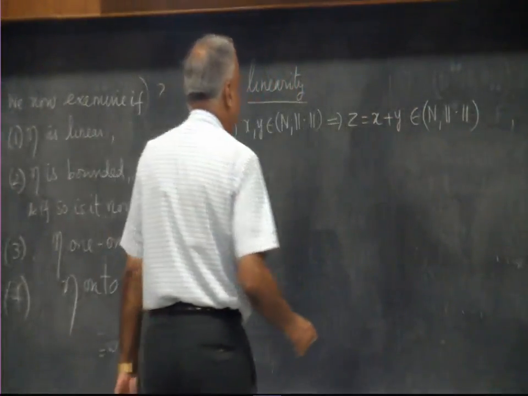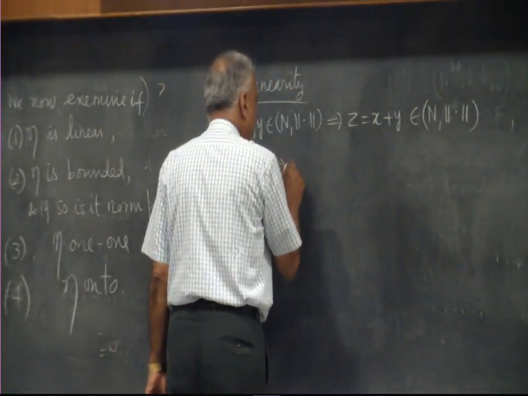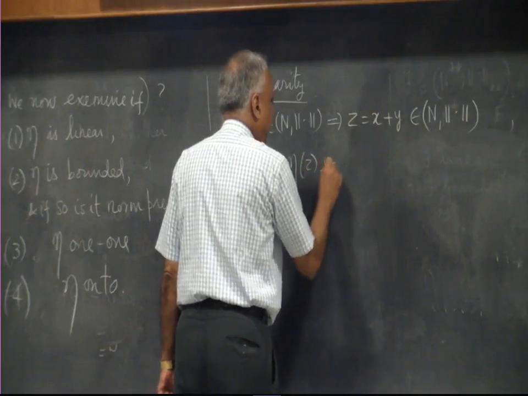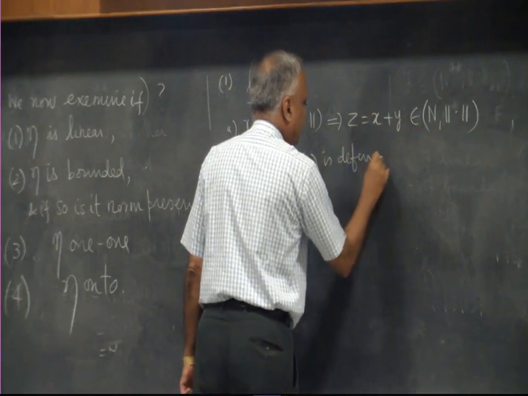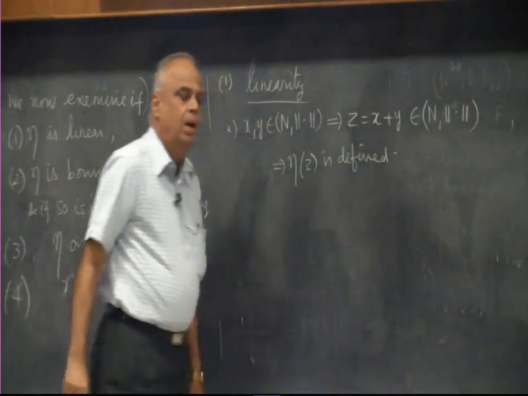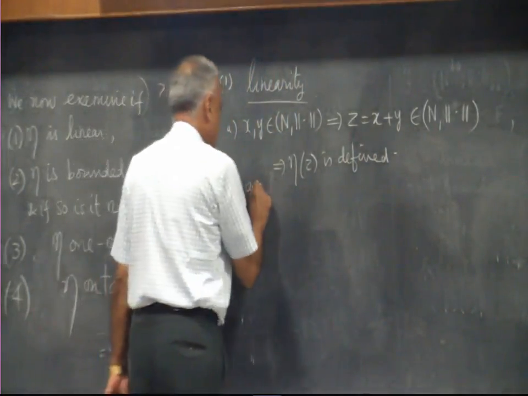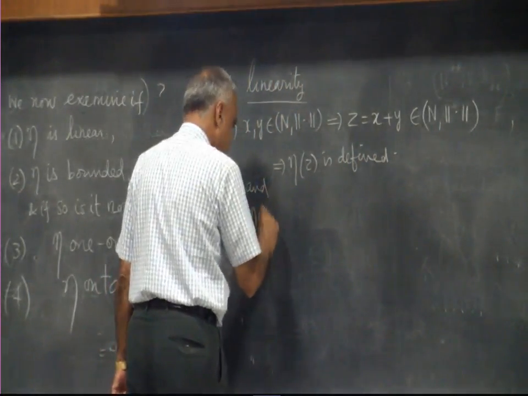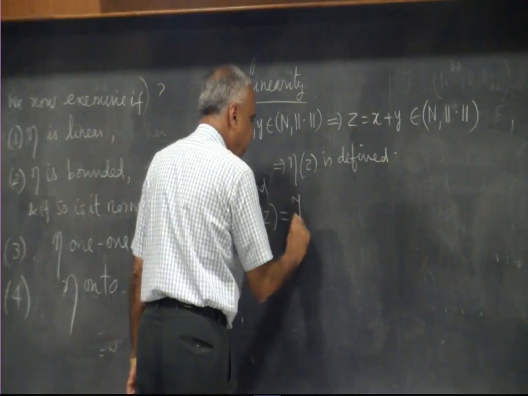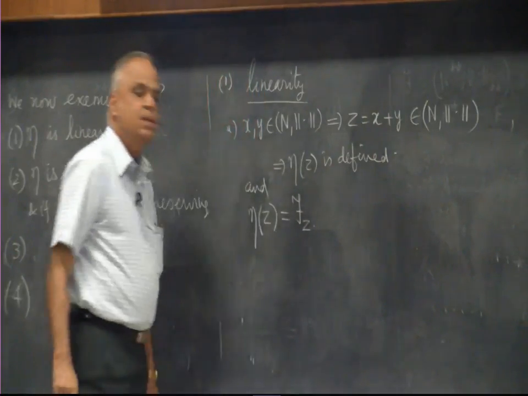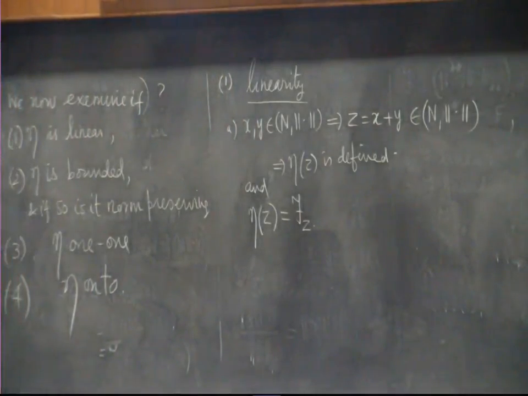Okay. So therefore eta z is defined, and what is eta z? By definition it is f of z.